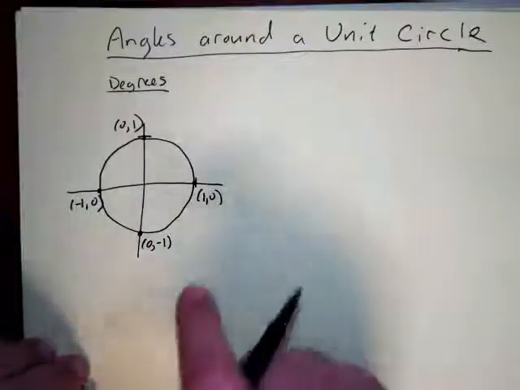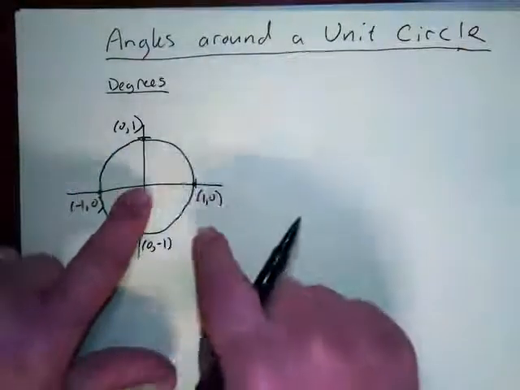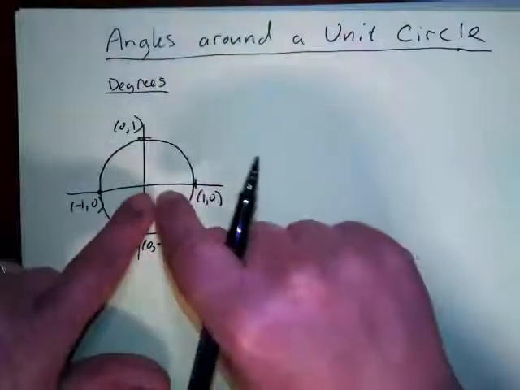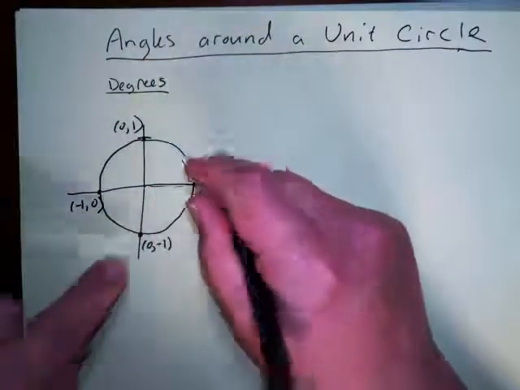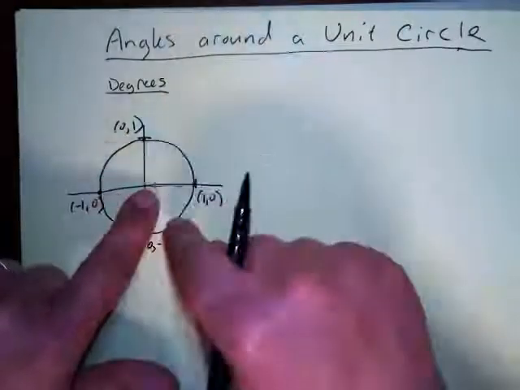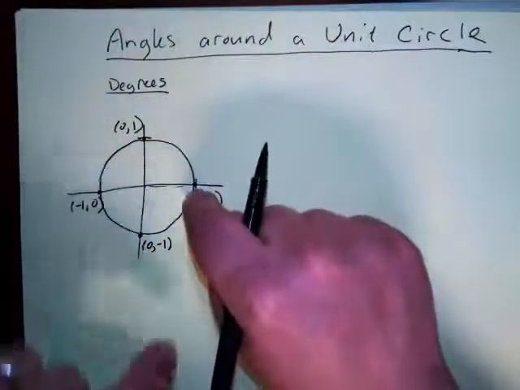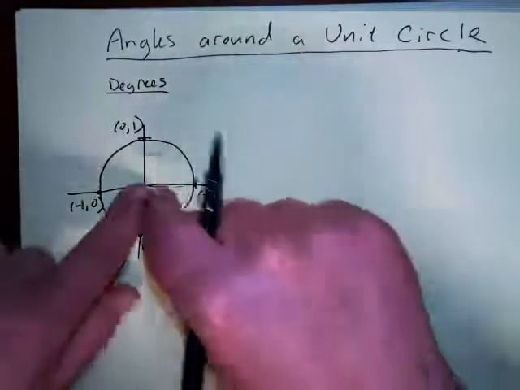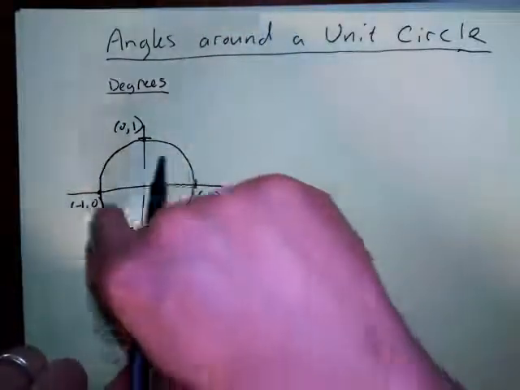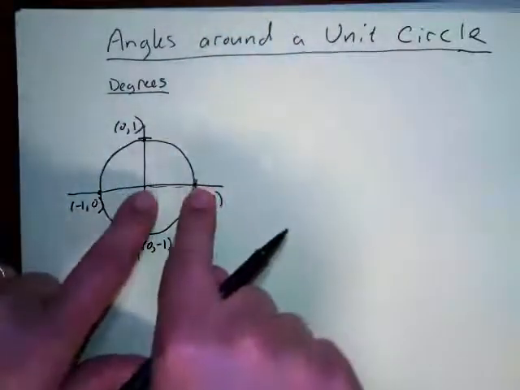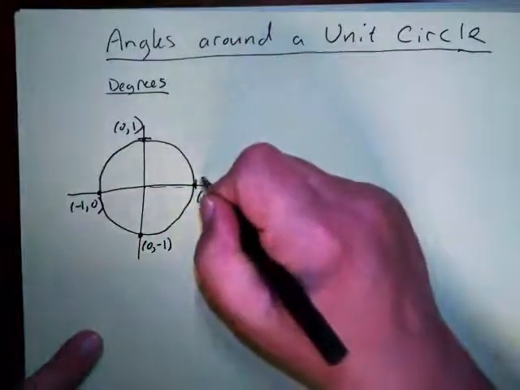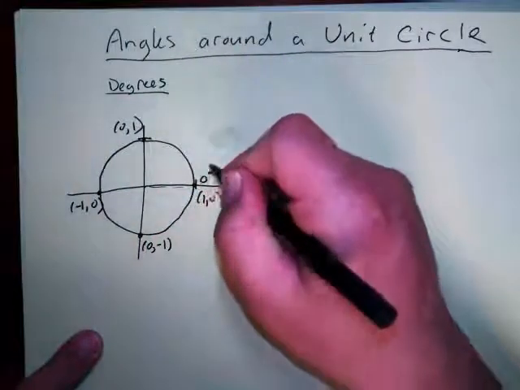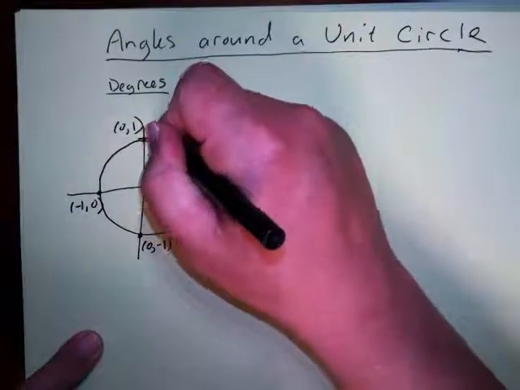Now, when we measure degrees around a unit circle, we're going to start with this radius, and we're going to allow it to spin around the circle counterclockwise. Okay, so not clockwise. This is kind of like the arm of a clock spinning around, but in trigonometry it's going counterclockwise, and it's starting here. So this is like 0 degrees, and if you got up here, this would be 90 degrees, right?